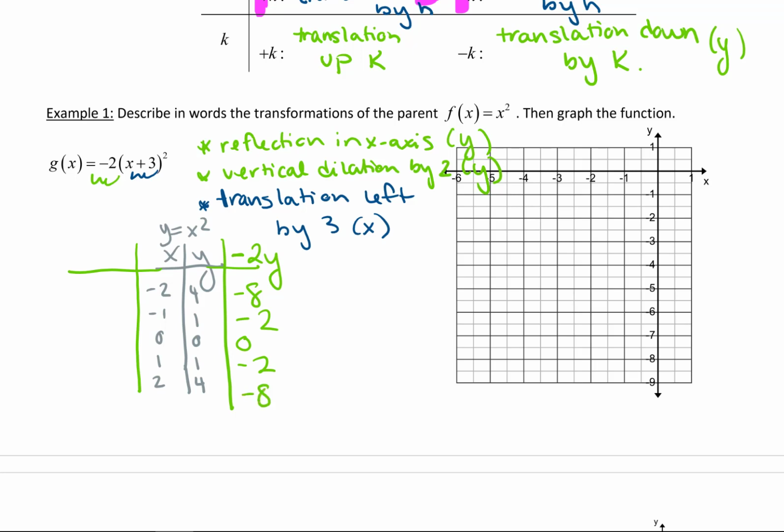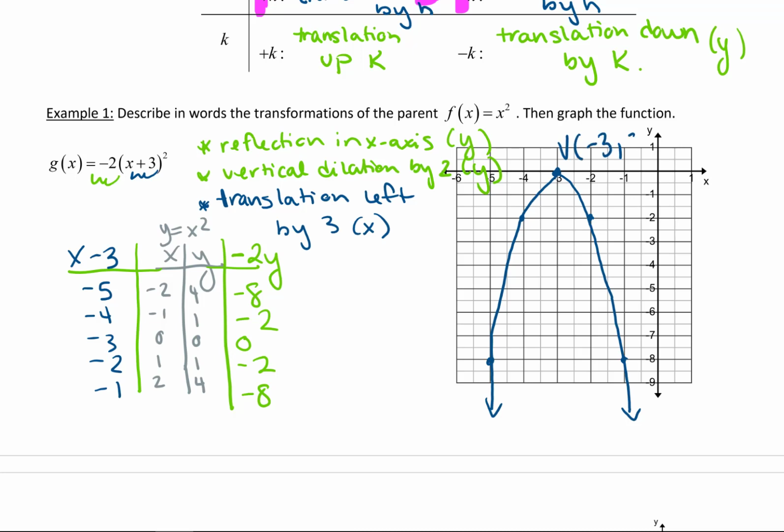And we're also going to go to the left by 3. So -5, -4, -3, -2, and -1. And then we're going to plot. And here's our graph. Our vertex is at -3, 0. And this is a maximum. It's the highest point on the graph.